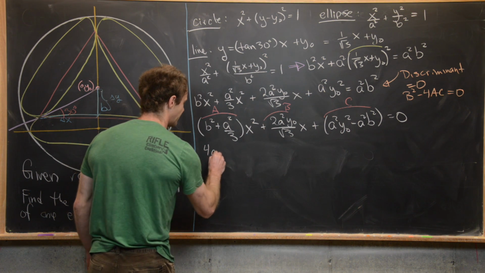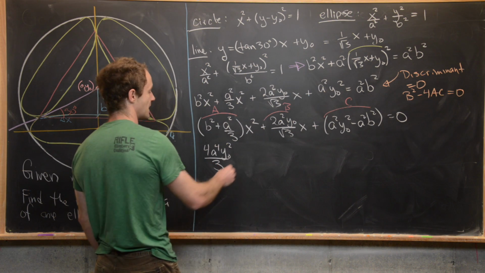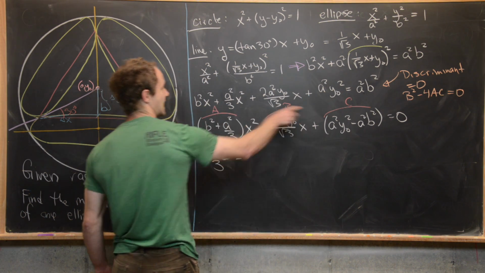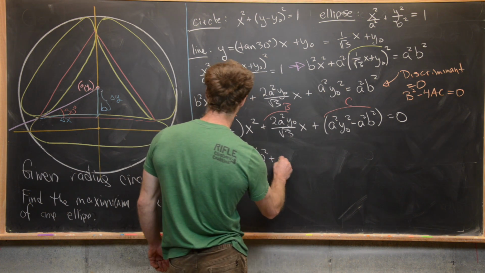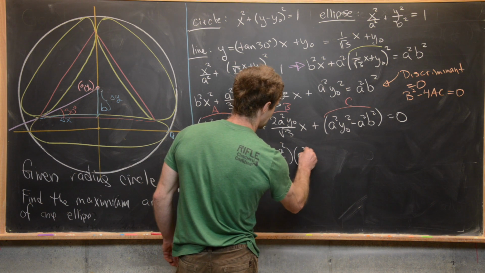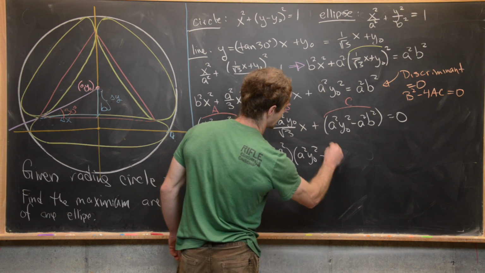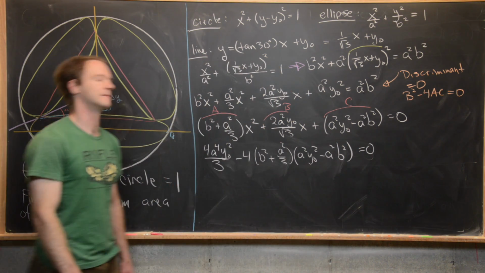So that is going to be 4a to the 4th y naught squared over 3 minus 4 times A times C. So that's going to be minus 4 times (b squared plus a squared over 3) times (a squared y naught squared minus a squared b squared). All of that needs to be equal to 0.